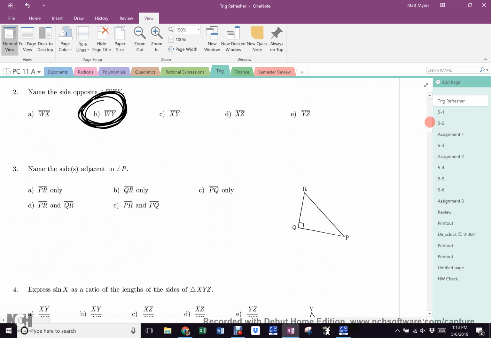Name the side adjacent to angle P. What letter is it?